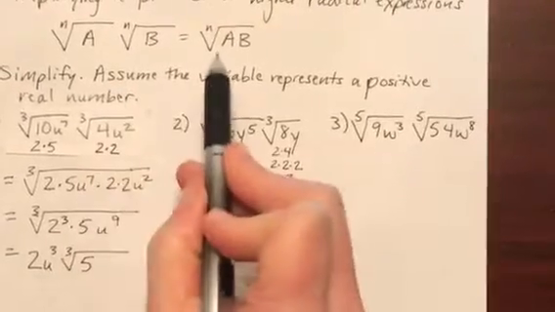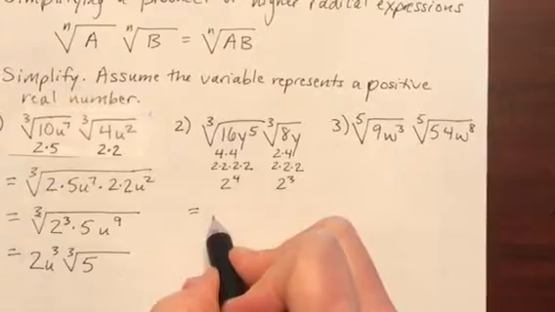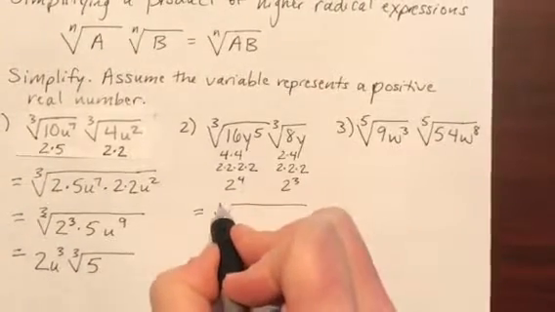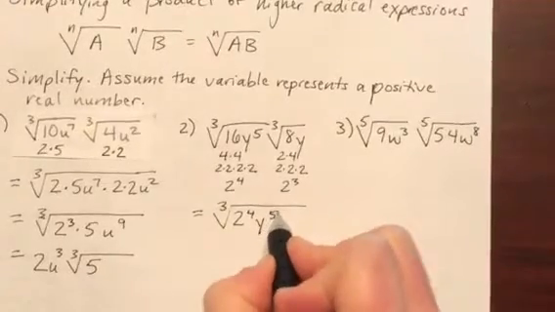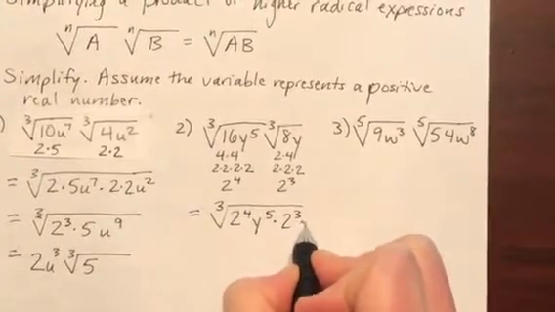So let's use this property above to rewrite this product under a single radical. So we have cube root of 2 to the 4th y to the 5th times 2 to the 3rd y.